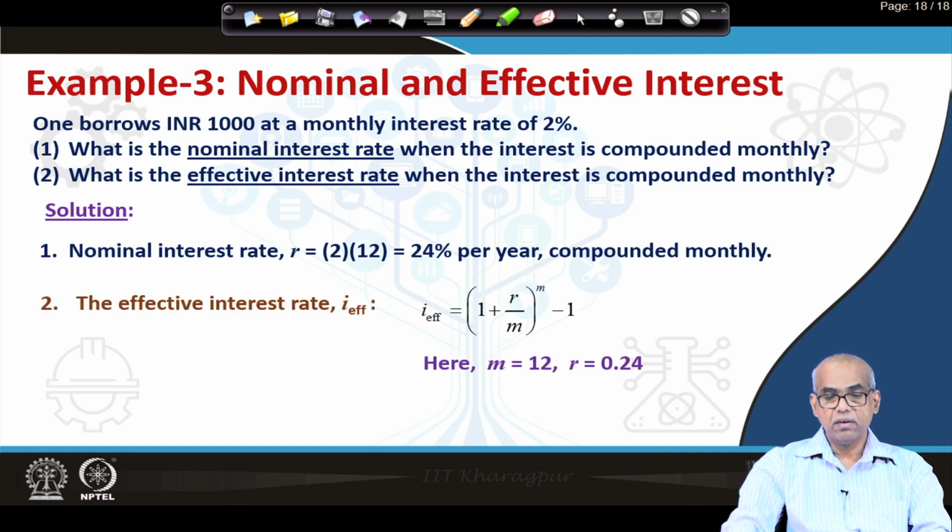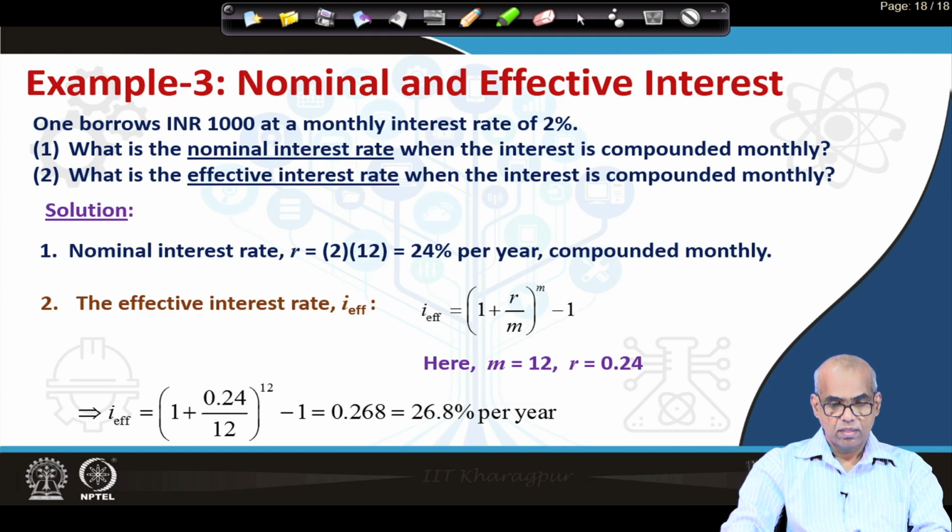For the effective interest rate, you use the formula i_effective equal to (1 + r/m)^m minus 1. Here m is 12 and r is 24%, that is 0.24. So, i_effective is (1 + 0.24/12)^12, which will be 1.268, minus 1, which will be 26.8% per year.